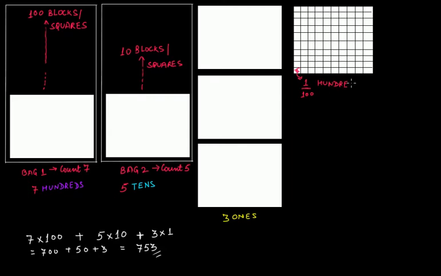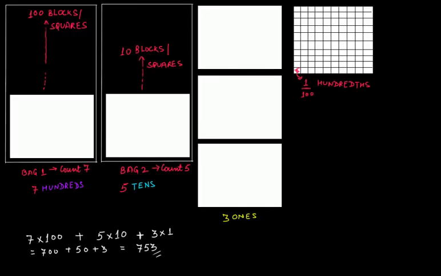Hundredths means that you have taken a unit and divided that unit into 100 equal parts. And how did you do that? First you divided this unit into 10 equal parts, and then each part was further divided into 10 equal parts, so total 100 equal parts. That was the way you did that. So this is what hundredths means.